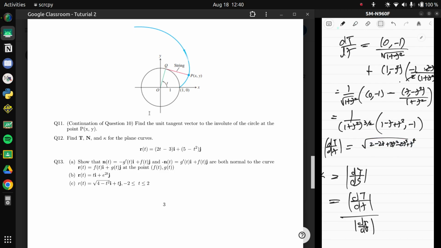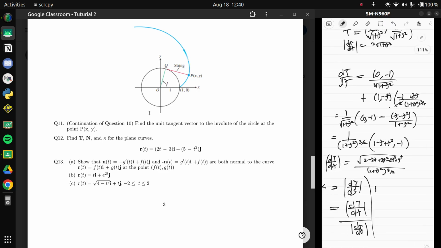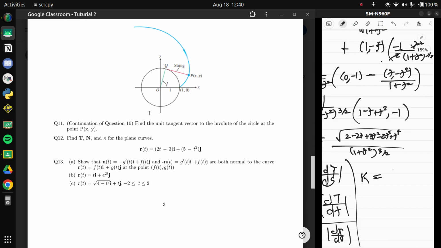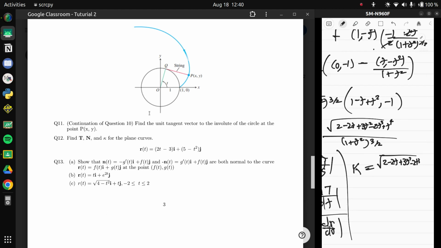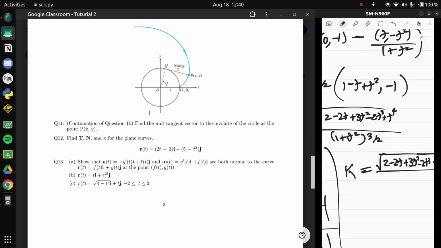Okay. And that upon this guy. Right, but they're not, because it's going to divide by that in any case. So your kappa just becomes this quantity upon all of that.